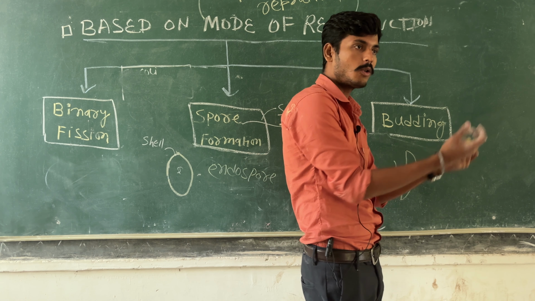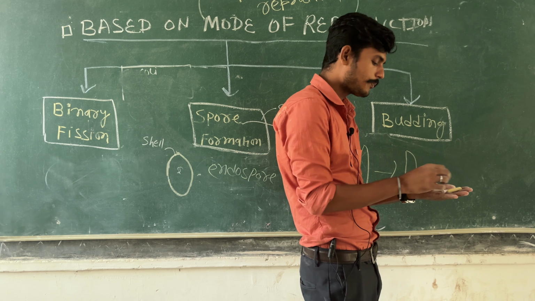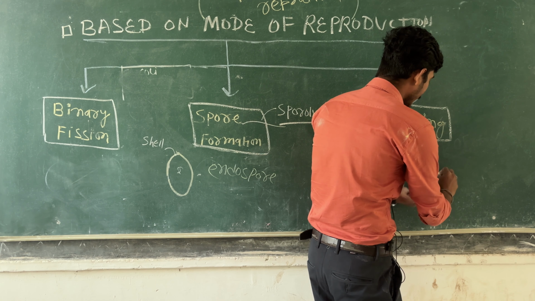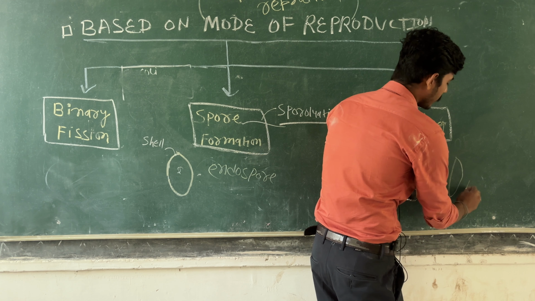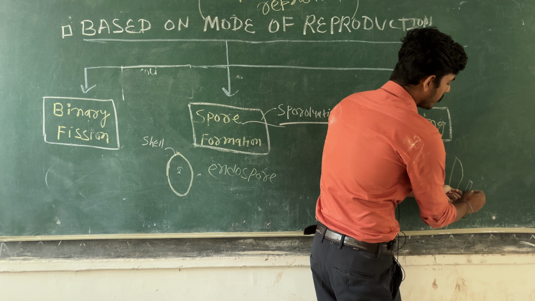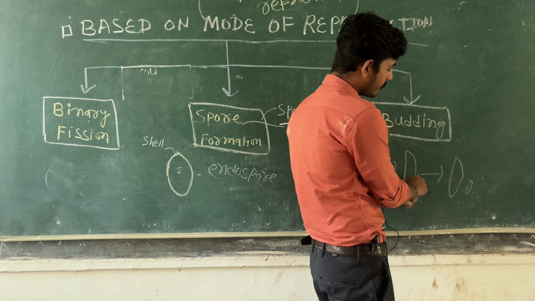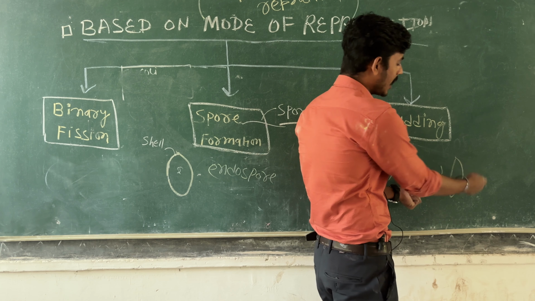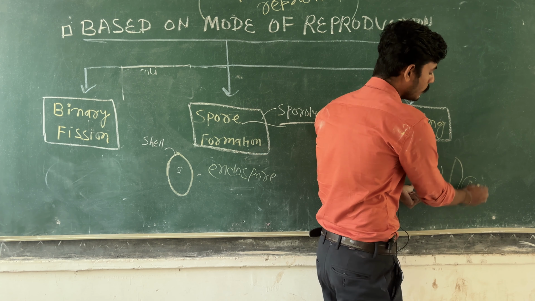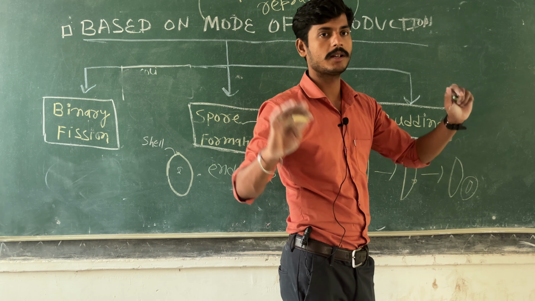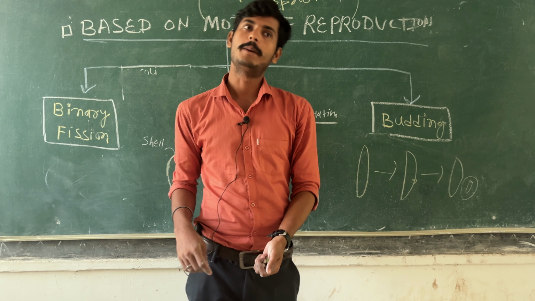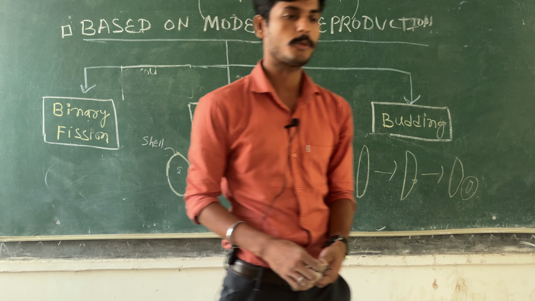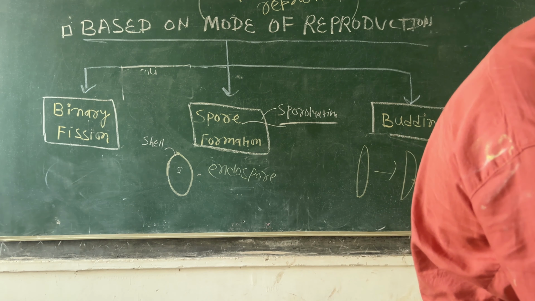This bud will grow over a period of time and detaches from the parental body. Now this bud, which detached from the parental body, becomes an independent organism. It will grow and become an independent organism. This is called budding. Clear? No problem.